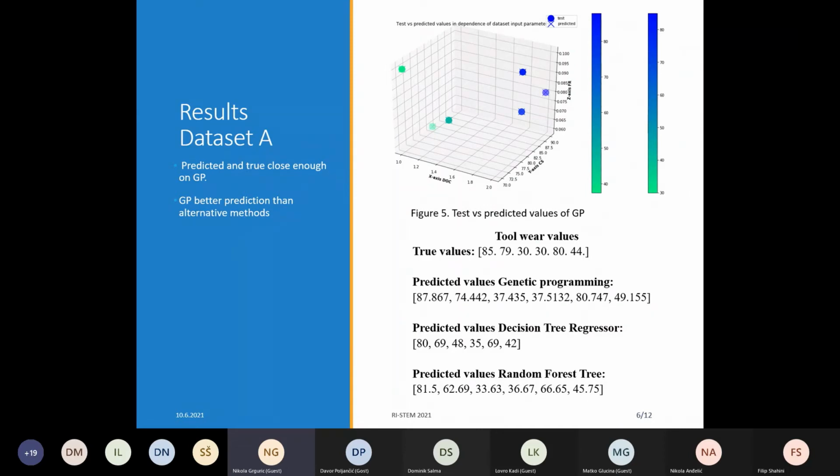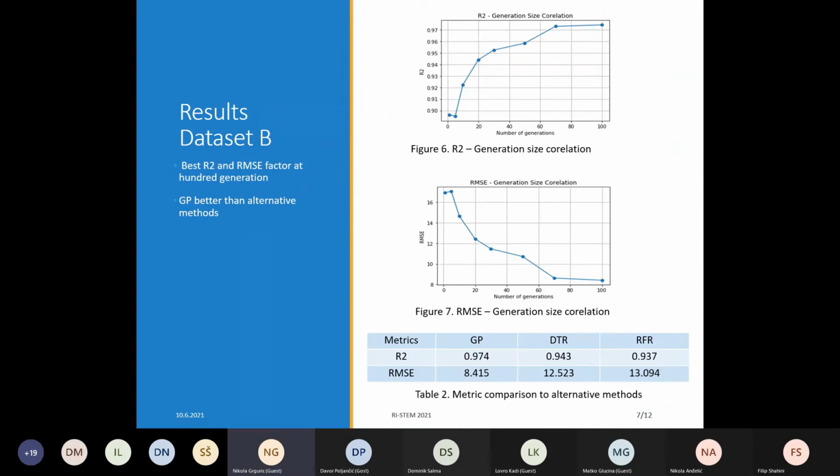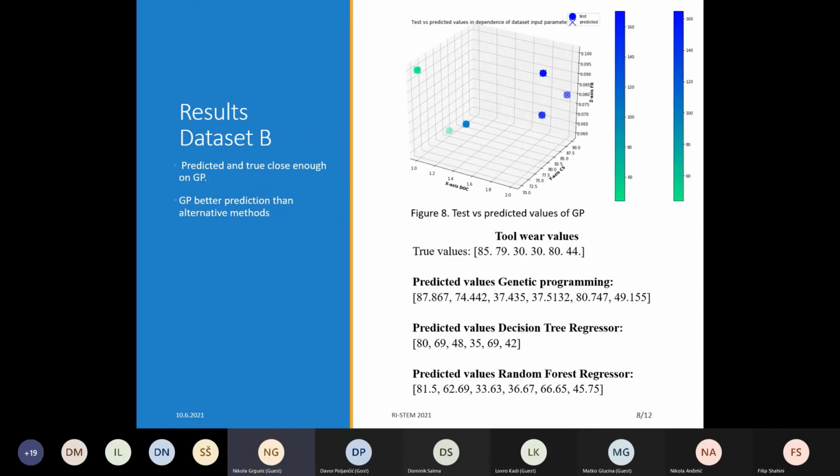In case of dataset B, R2 value had the best scoring using 100 generations. By looking into table 1, where GP is compared to other methods, GP has the best metric evaluation. Also, figure 8 shows test and predicted values, where it can be seen values are quite well predicted.